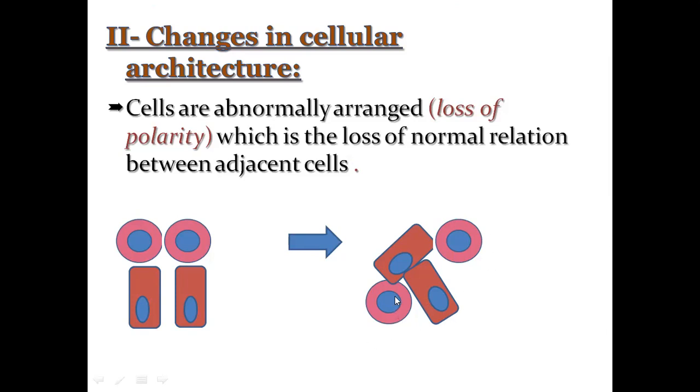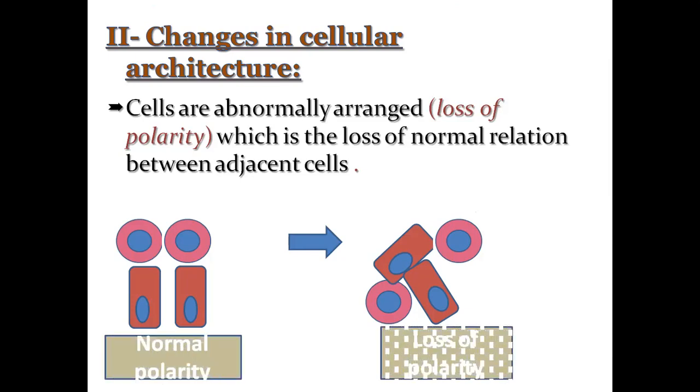They arrange in a haphazard manner, without organization. So we don't see the normal order of cells. This is called loss of polarity or architectural change of cells, and this is seen also in malignant behavior. So this is normal polarity, this is loss of polarity.